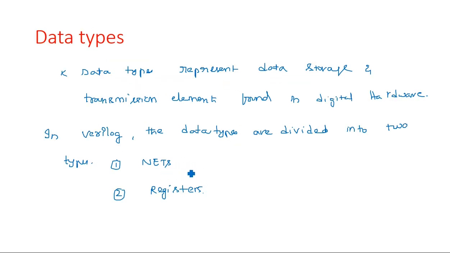Now let us see the first type. As I said, there are two types of data types, net data type and register data type. First, let me explain the net data type in Verilog.